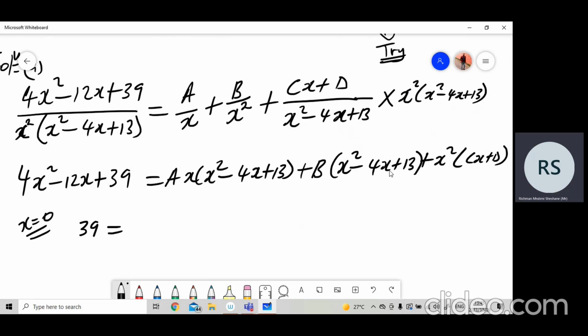If we substitute 0 here, we're going to have 13B, and when we substitute 0 here, it makes everything equal to 0. So 13B equals 39, and if you solve for B, dividing by 13 on both sides, 39 divided by 13 is 3, so B is equal to 3.